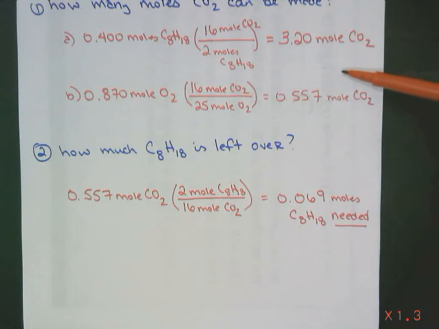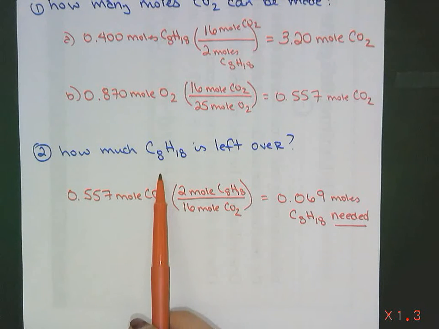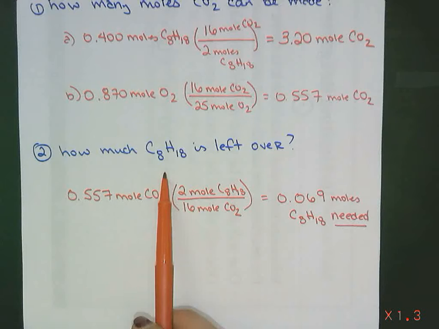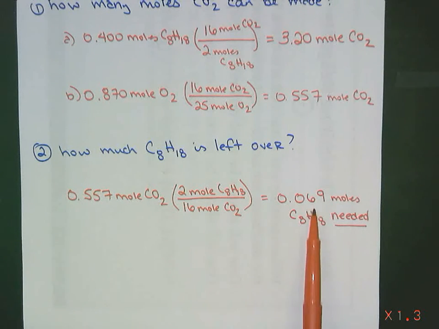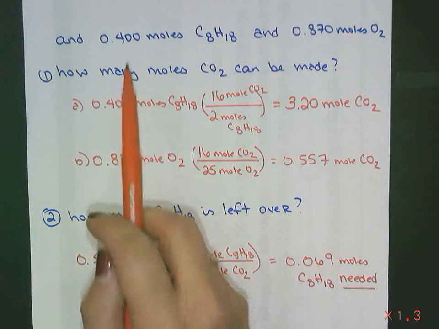Is that what we're finding for? We're finding how much extra of this was left over. Yeah. All right, so I only needed this much. How many moles of octane did I have to get started? If I only need this much, but how much did I put in there? I put in 0.4. So how do I find out how much is left over?